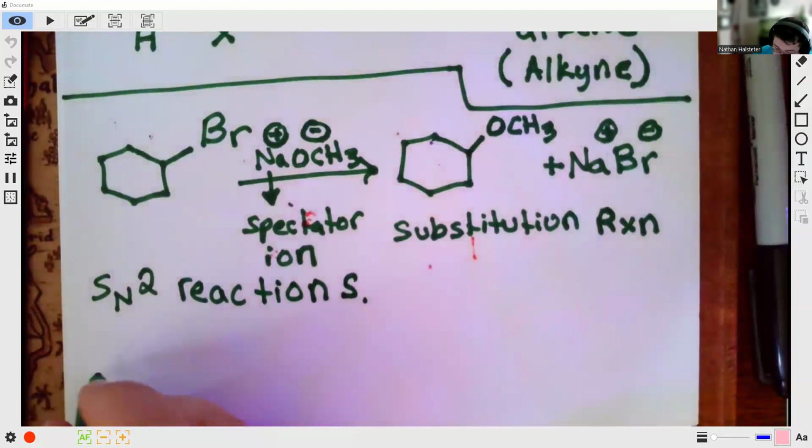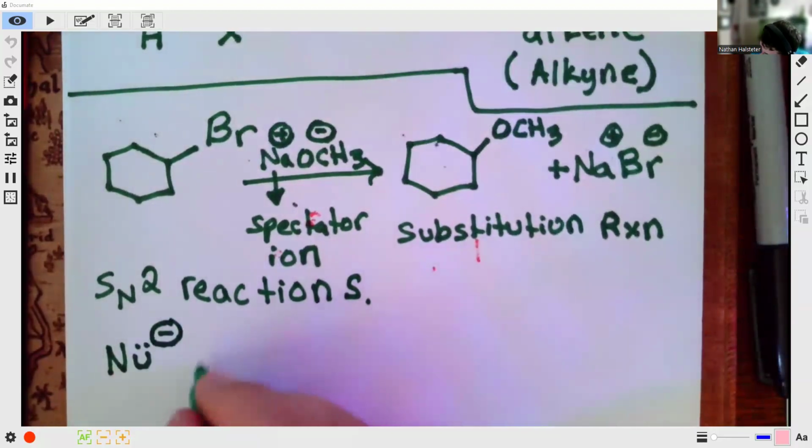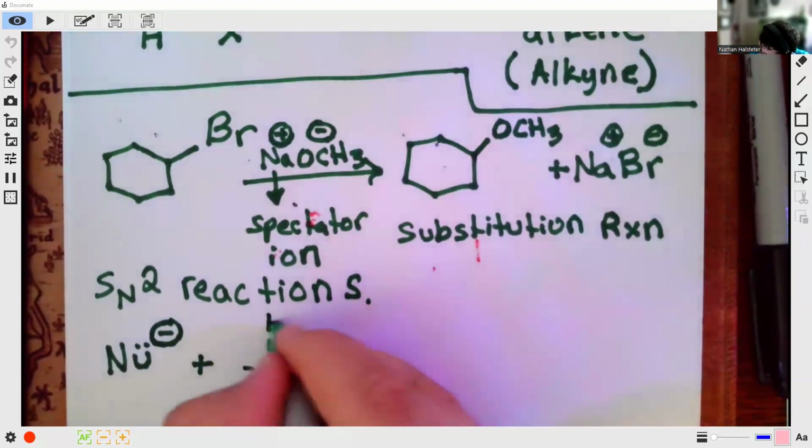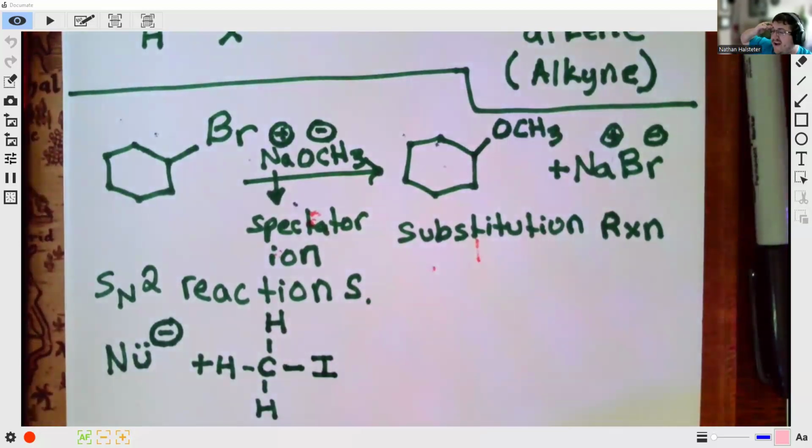We have some sort of nucleophile, and typically this has a full negative charge, reacting with some sort of electrophile. In this case, alkyl halides are good electrophiles. Why are they good electrophiles? Well, think back to your definition of an electrophile: something that has either a partial or full positive charge.